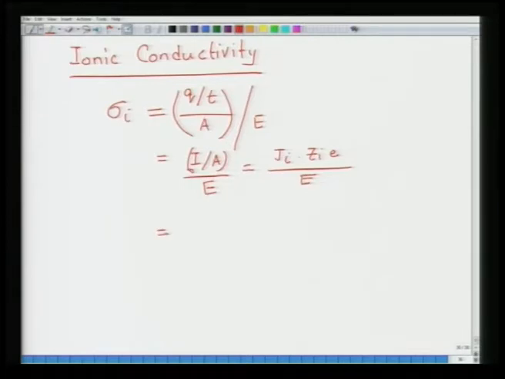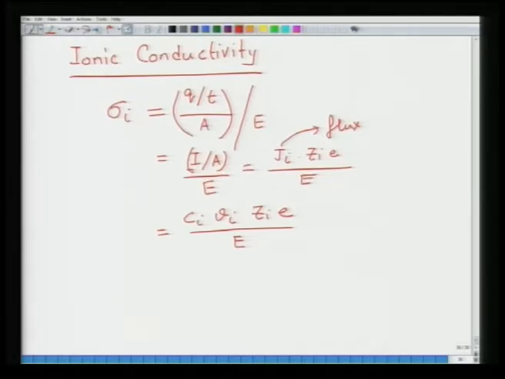Now, the expression for J I, which is the flux, is equal to C I V I, where C I is the concentration and V I is the velocity, multiplied by Z I e divided by capital E, the electric field. So this J is the flux, not the current density.